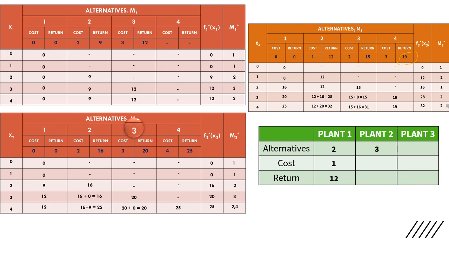Here the cost we spend is 3 crores and my return is 20. Since we don't have any other money, we spend all 4 crores. For plant 3 we are not going to spend anything, so the cost as well as the return is 0. This is how we are able to solve the problem in both forward recursion and backward recursion.